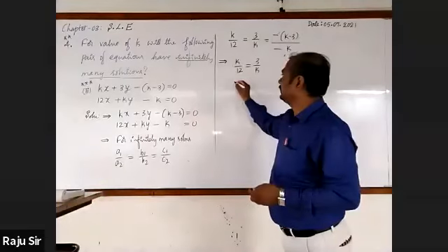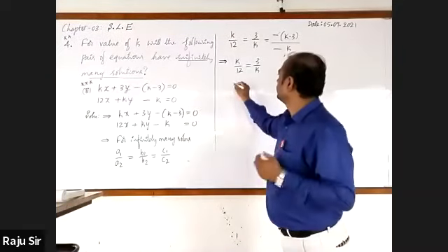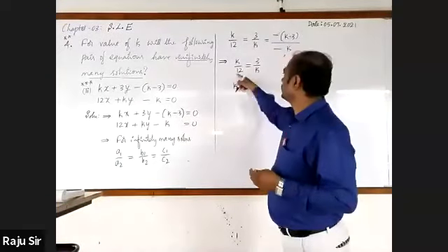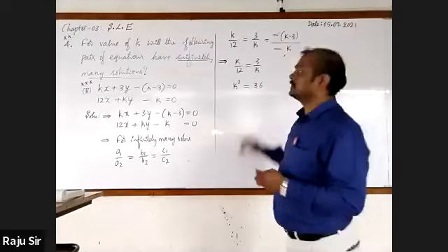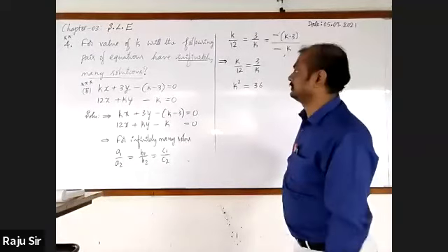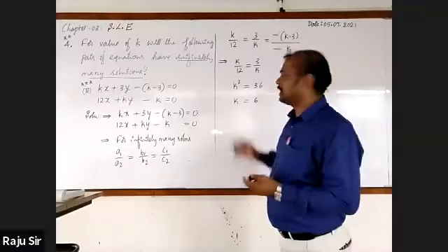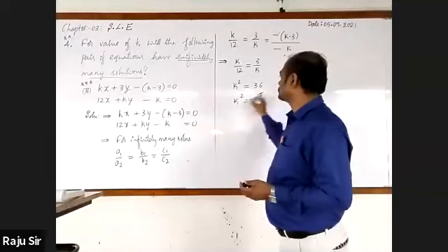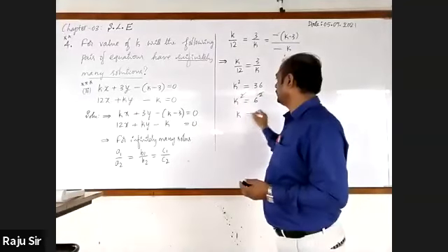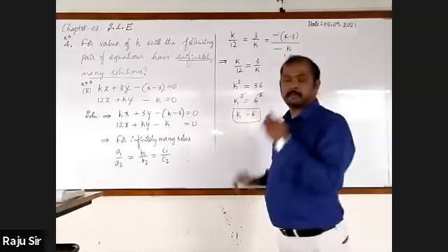Then cross multiply. It is k square is equal to 12 into 3. This is 36. Then what is the value of k? 6. K square equal to 6 square, square and square get cancelled. K equal to 6.